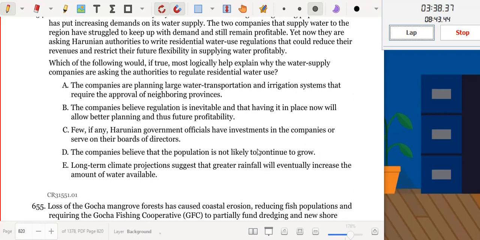Okay, so this is also absurd. This is wrong. This is out of context. So between A and B, the companies believe regulation is inevitable and that having it now will allow better... Okay, so this we don't know. So I will go with B.